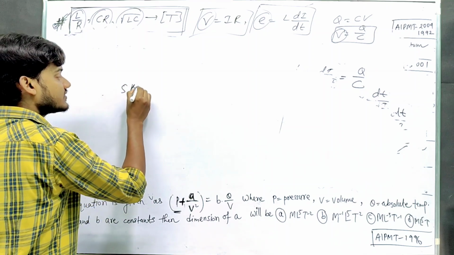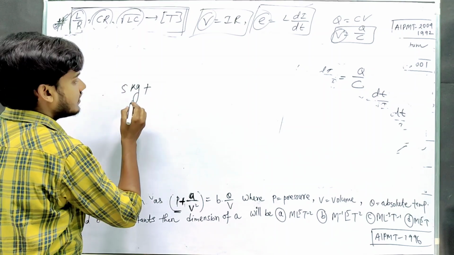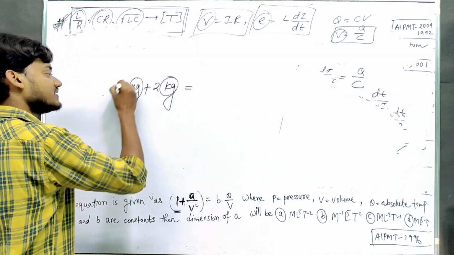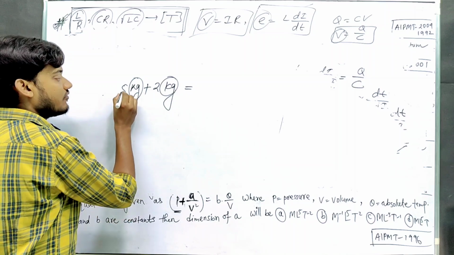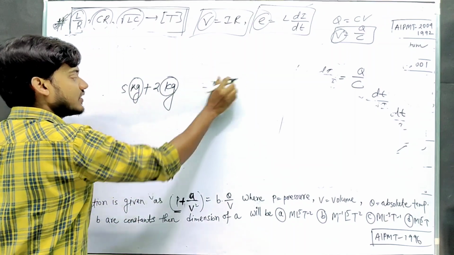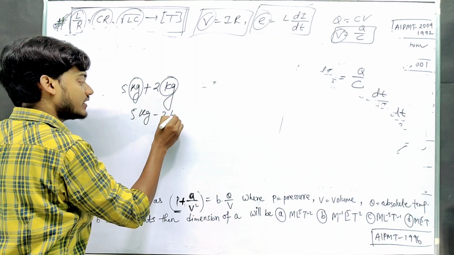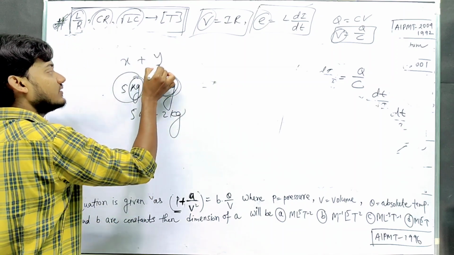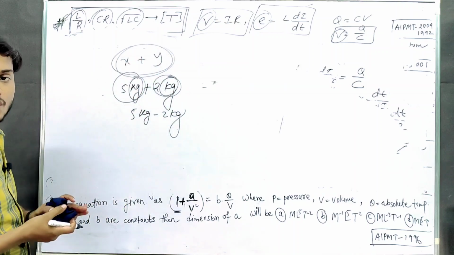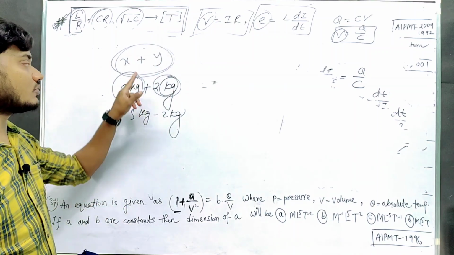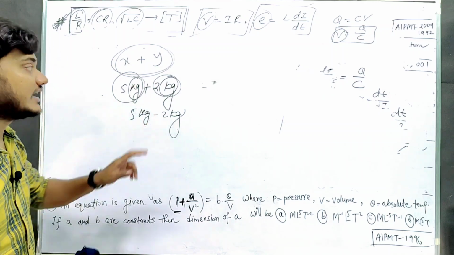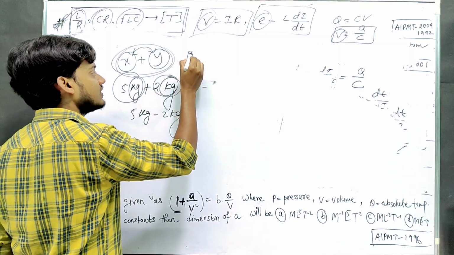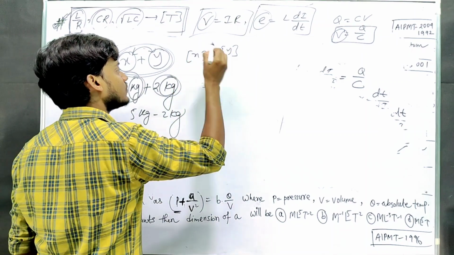We can subtract or add only when the dimensions are equal. 5 kg plus 2 kg, we can add this, or we can write 5 kg minus 2 kg.